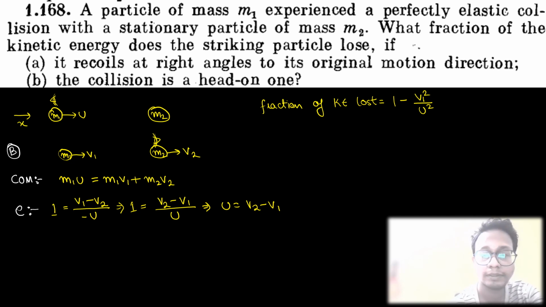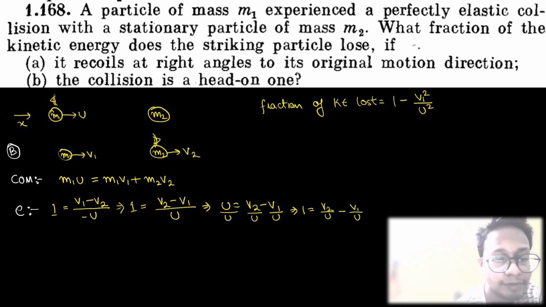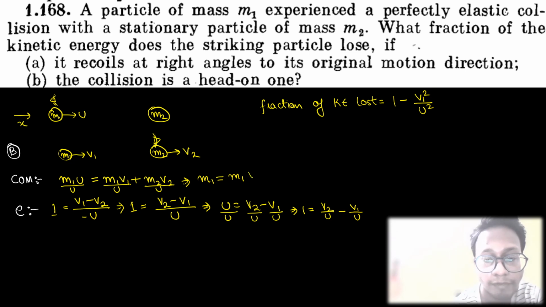If I divide this entire equation by u, I'd get 1 is equal to v2 by u minus v1 by u. Similarly, if I divide the momentum equation by u, I can get m1 is equal to m1 v1 by u plus m2 v2 by u.